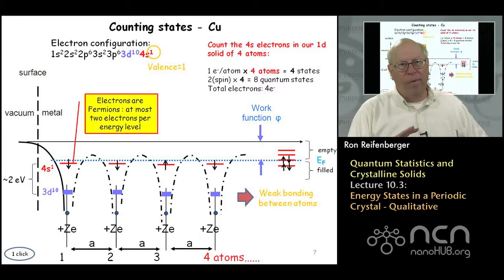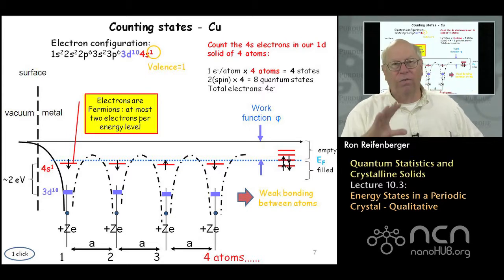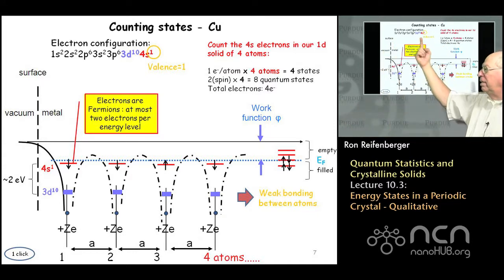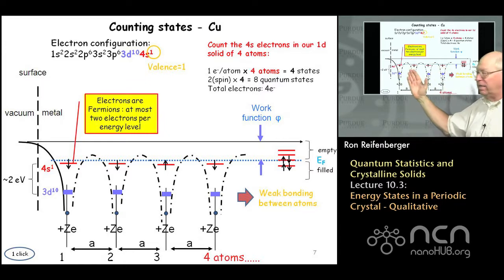So what we conclude from this discussion, the important thing we conclude, is that these highly localized 4s atomic states become delocalized over our crystal, which contains in this slide just 4 atoms.